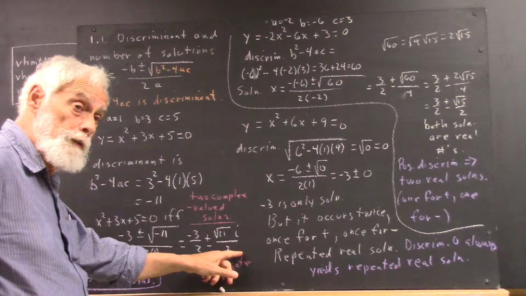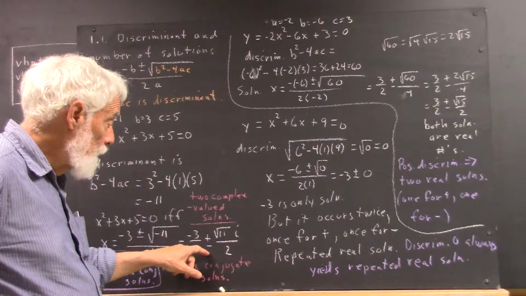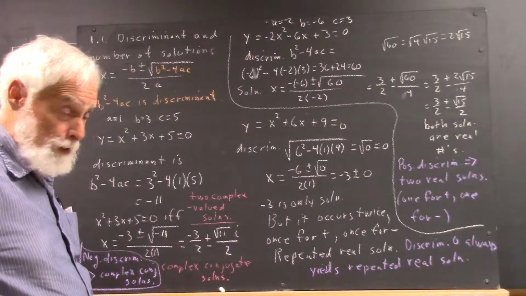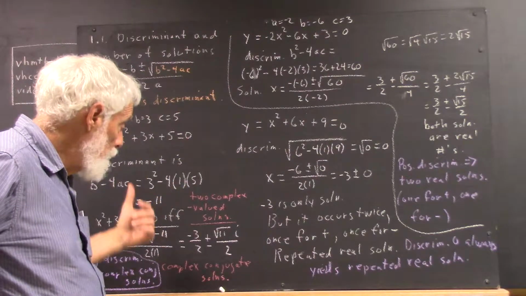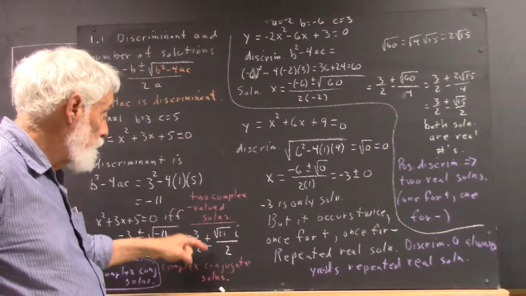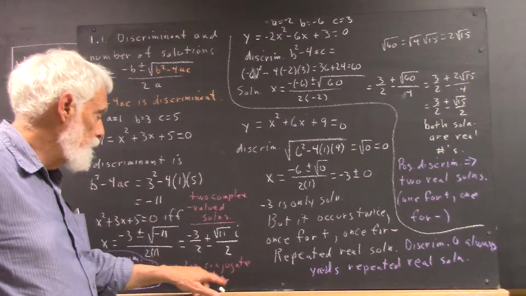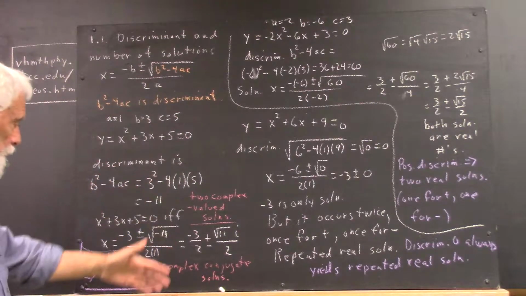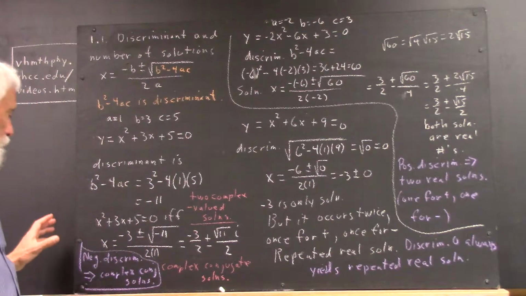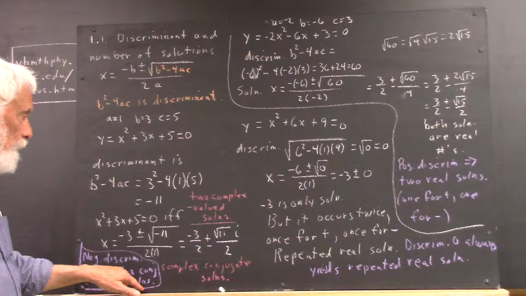There's our solution. The solution has a real part, and then it has plus or minus an imaginary part. That gives us two complex valued solutions, one for the plus, one for the minus. And these are also called complex conjugate solutions. So by this example, we see how a negative discriminant gives us complex conjugate solutions.